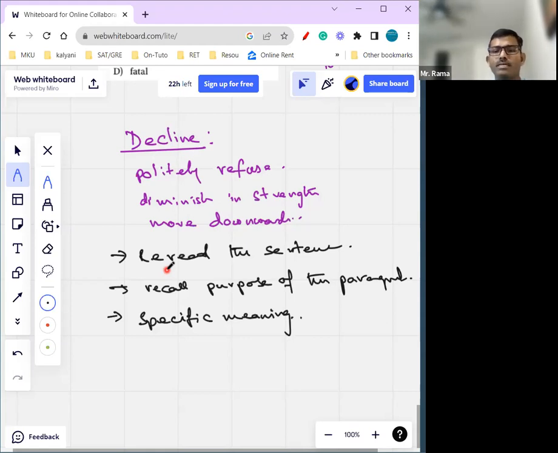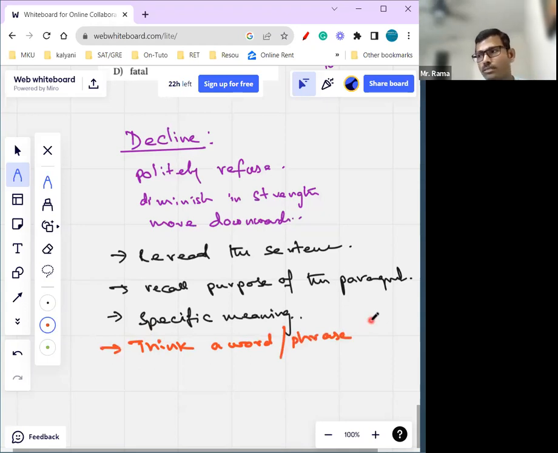Once you have that, think of a word or phrase that could replace the word without changing the meaning of the sentence, so it still gives you the same meaning. You know what I'm saying?